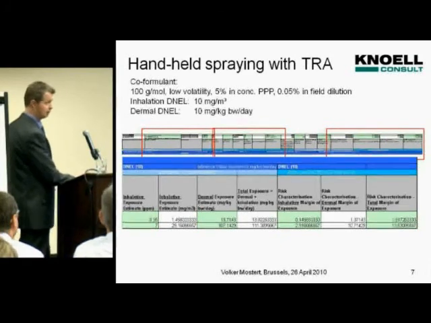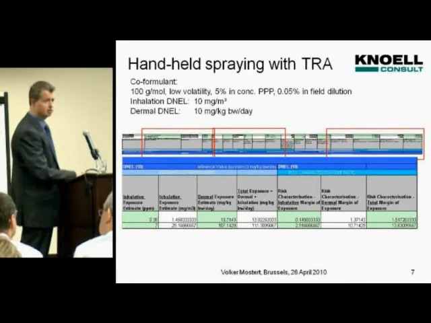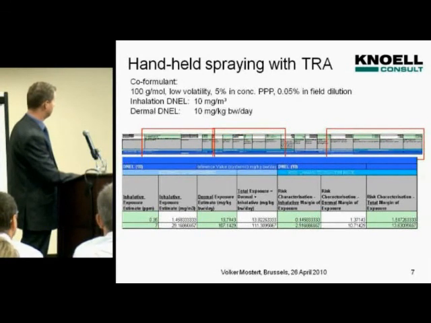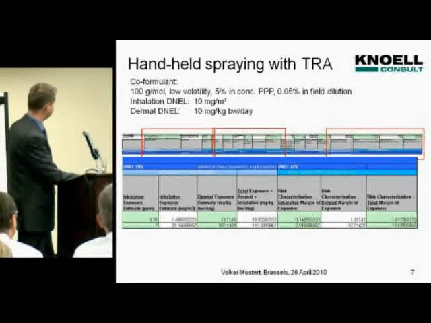Of course, you can use the output from TRA, the dermal exposure, and correct it for the 5% that's in here. So we would probably pass this assessment, because the dermal margin of exposure, or the dermal RCR to be more correct, can be corrected.